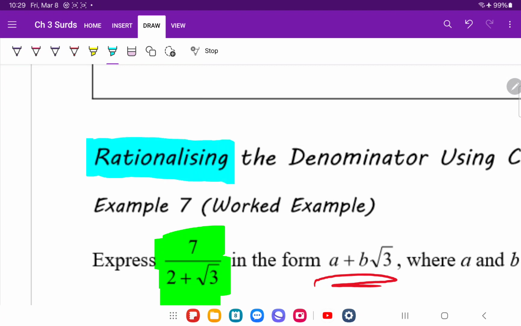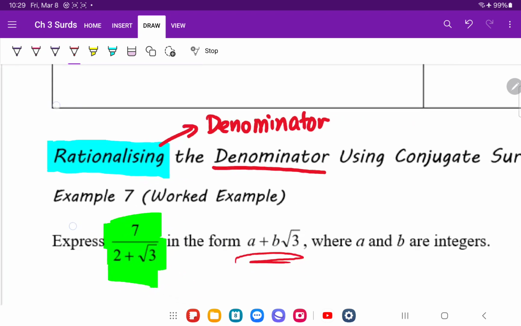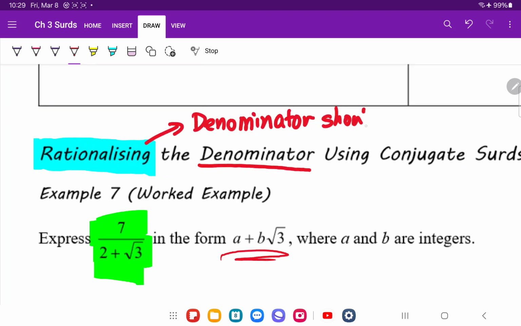Rationalizing just means you do something to the denominator until the denominator does not have any surds. That's all. Denominator shouldn't have surds in the end.